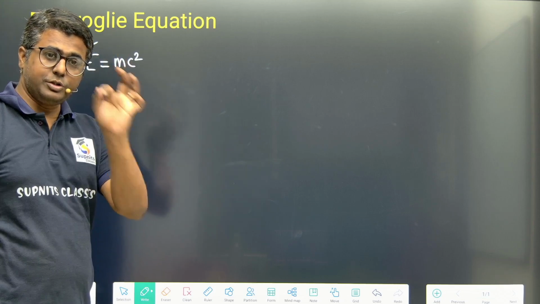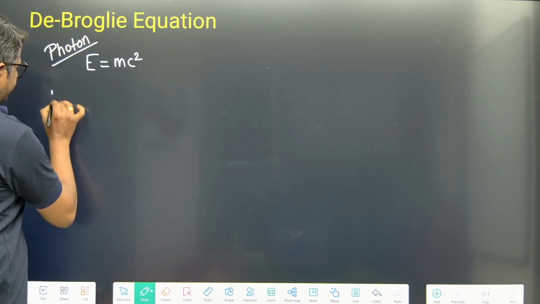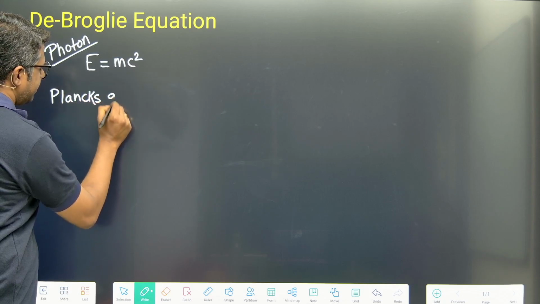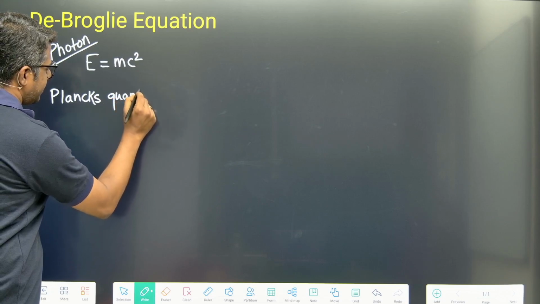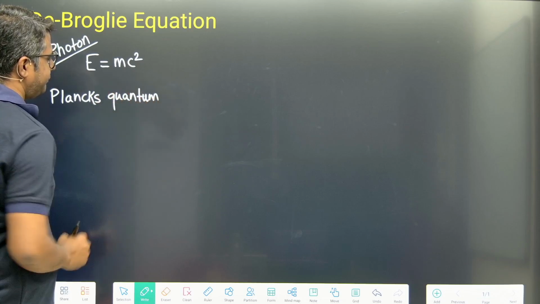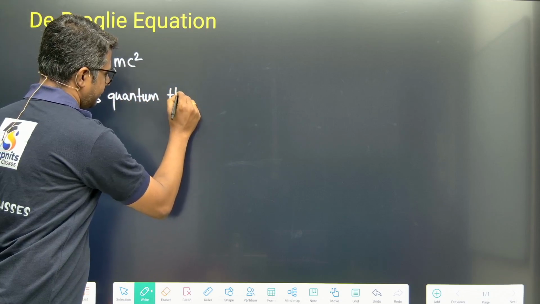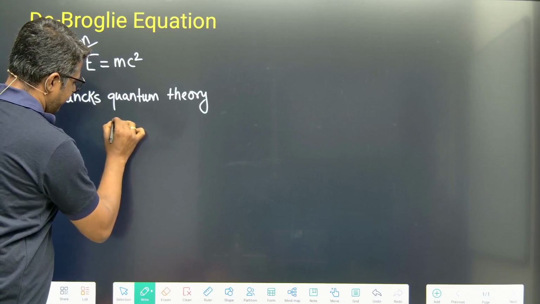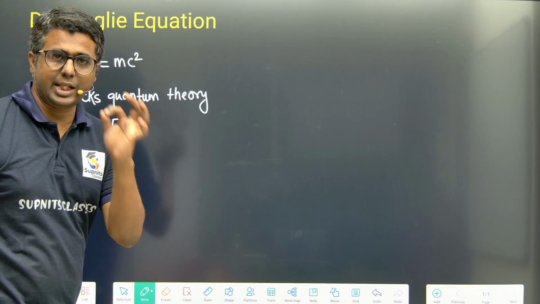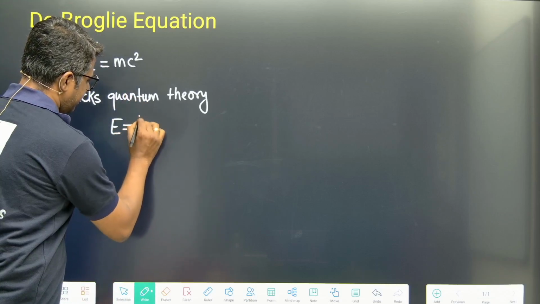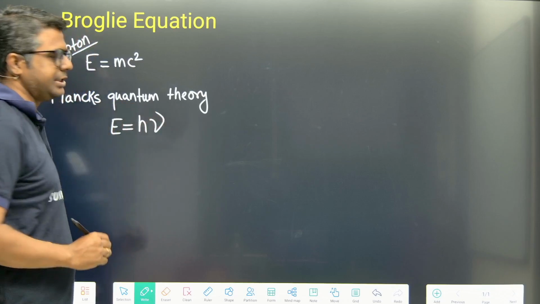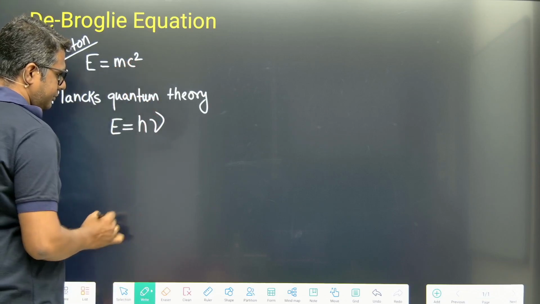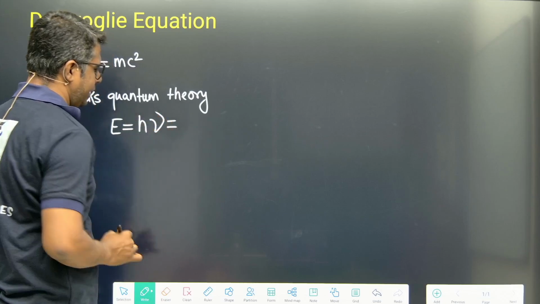Now we also know from Planck's quantum theory, what do we know? That each packet of energy, that is each photon, will have energy equal to Planck's constant into frequency of that radiation, correct? Now before equating, I'll do a little bit of manipulation.